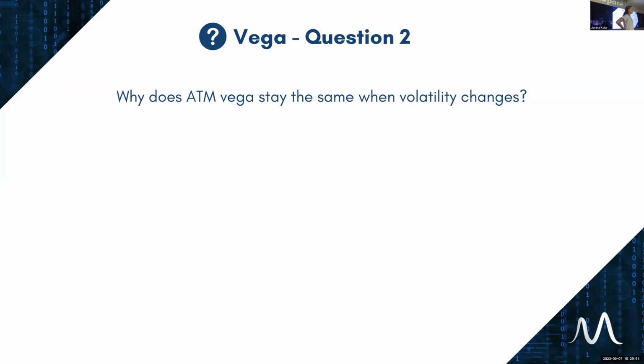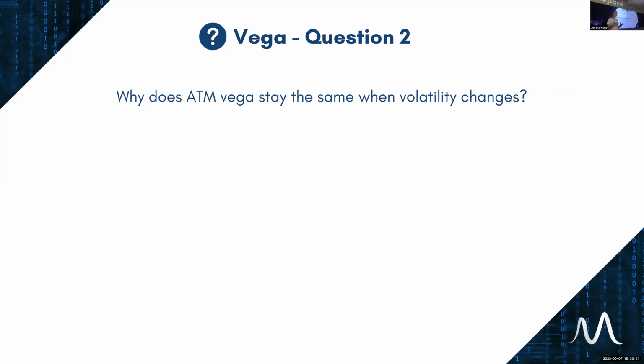So when you're at the money, it's kind of like a 50% chance of going up and 50% chance of going down. And now let's say you increase your volatility. Let's say you double your volatility. Let's say for a call, if you go down, 50% of the time your payoff is just 0. When it goes up, your payoff would be double the amount because your volatility is double, right?